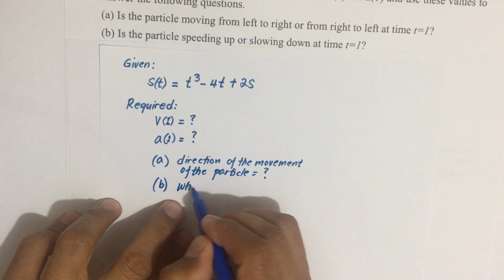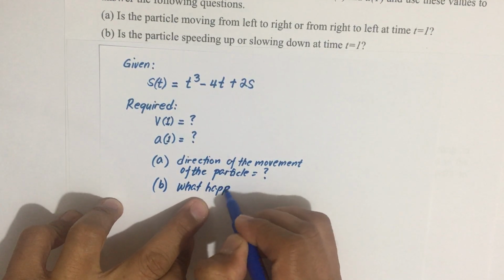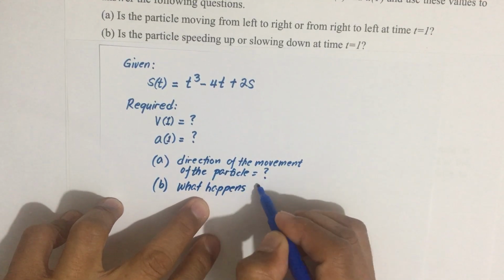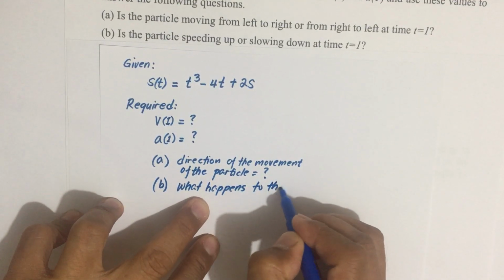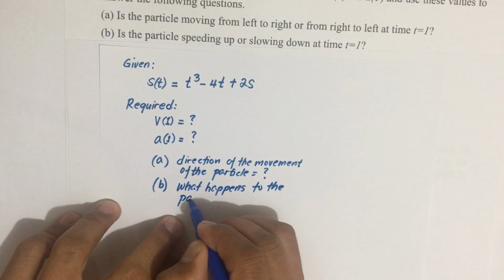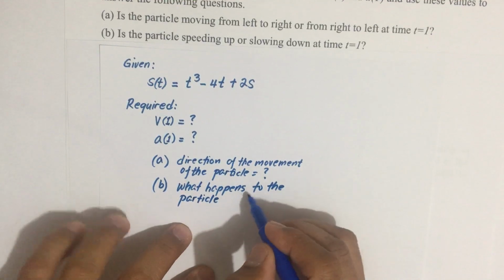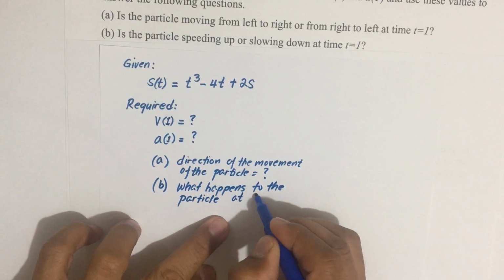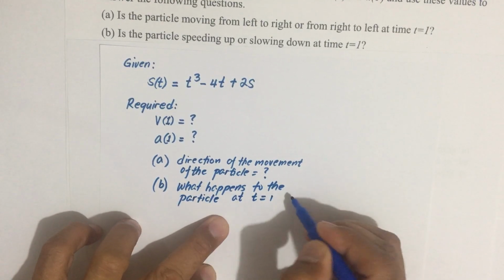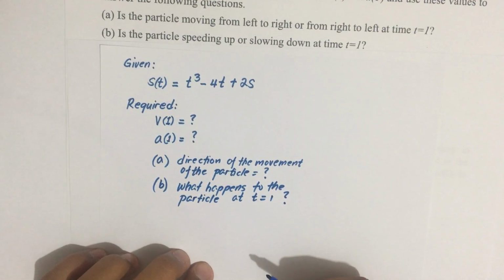So we need to determine what happens to the particle at t equal to 1. Time t equal to 1 second, for example.